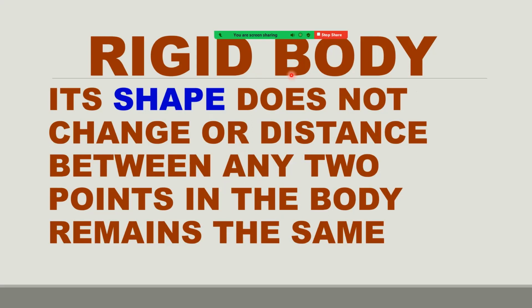That is the meaning of rigid body. Shape not changing means the distance between any 2 points remains the same. So in this chapter, we are discussing only rigid bodies. That means their shape, and we can say size also, is not changing.